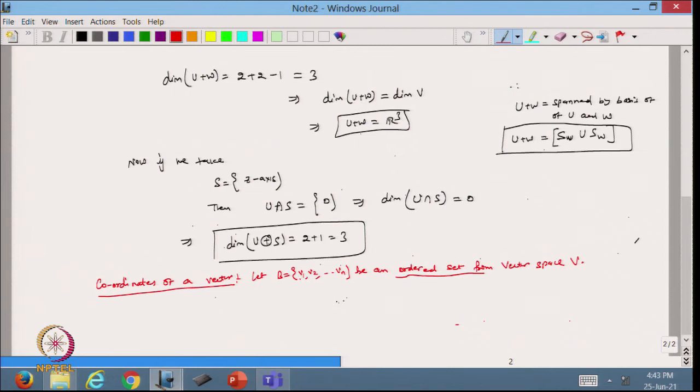If it is V1, then it will be V1, V2, whatever the order is, the vectors will lie in the same order.